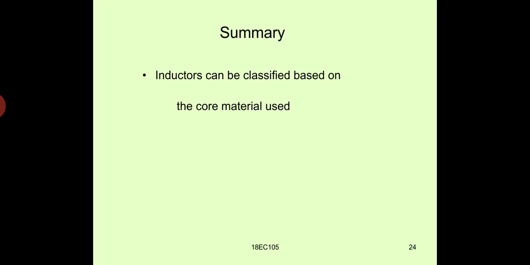Based on the frequency, they are divided into audio frequency coils and radio frequency coils. Based on the type of winding, there are again two: single layer winding and multi-layer winding. Based on their operation, that is the value of the inductance, they are divided into fixed value inductors and variable inductors.